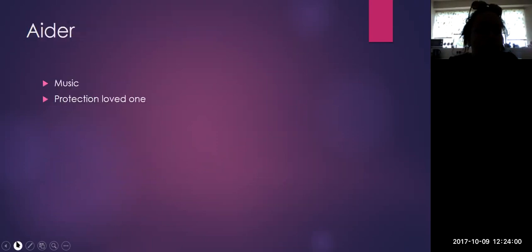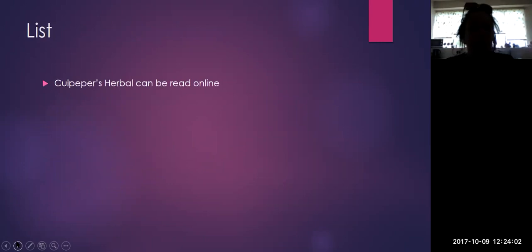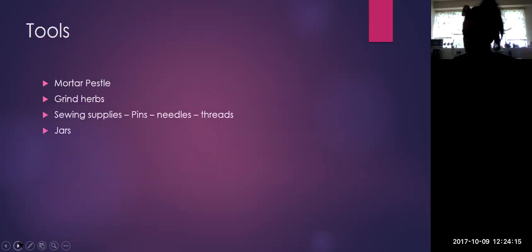There's an actual list called Culpeper's Herbal, and you can read it online. So you can just Google that. Don't forget, all of this information is in the classroom. I will put an updated version of all the classes into the library after this.